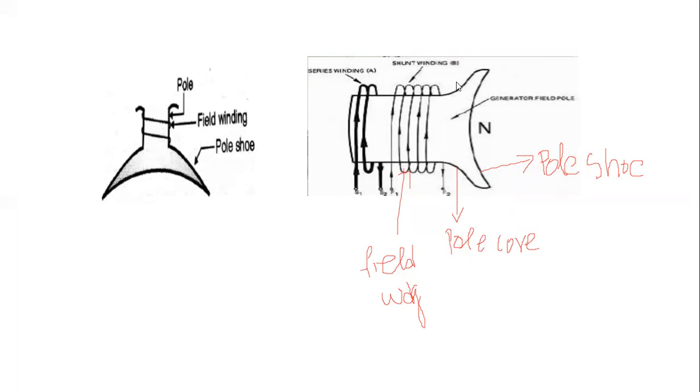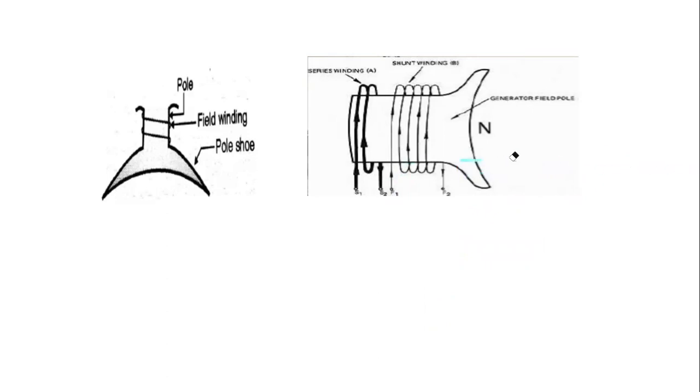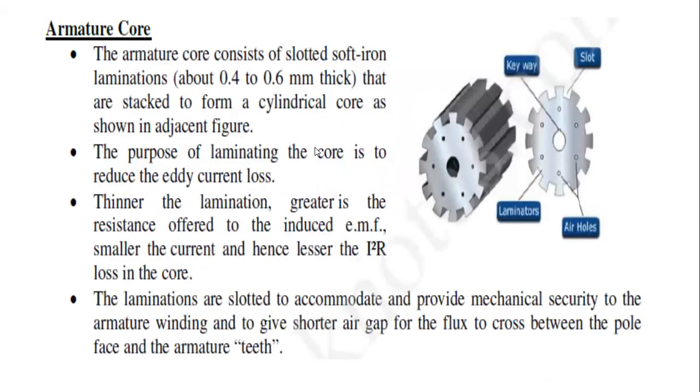Basically, the field system is used to produce the magnetic flux. That winding is carried by the pole core, and the pole shoe gives the support for that pole core.